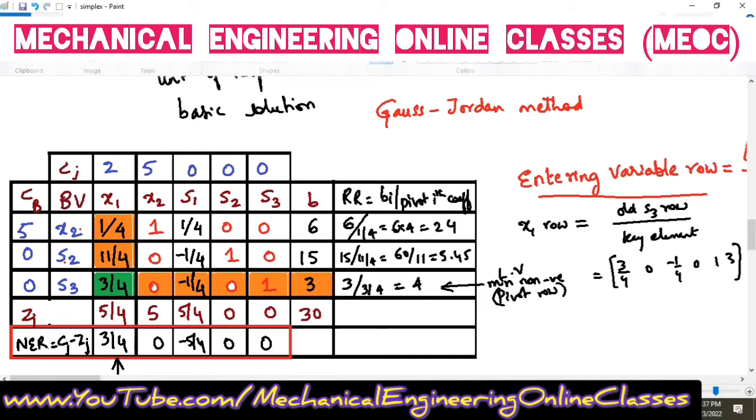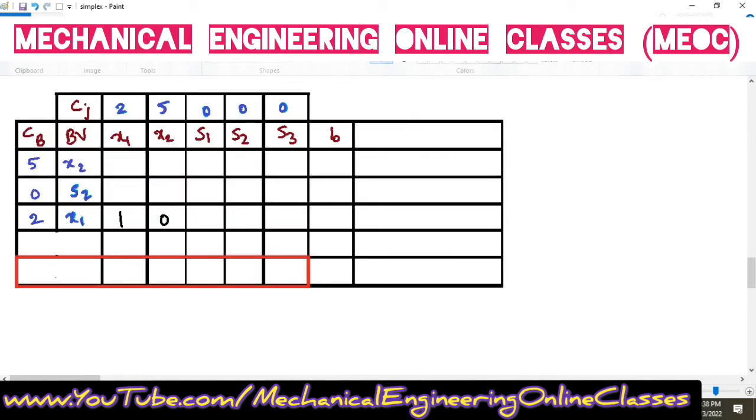All these elements are divided by 3 by 4. So this will become 1, 0, minus 1 by 3, 0, 4 by 3, 4. So this will be the new x1 row. Let us write that here: 1, 0, minus 1 by 3, 0, 4 by 3, 4.